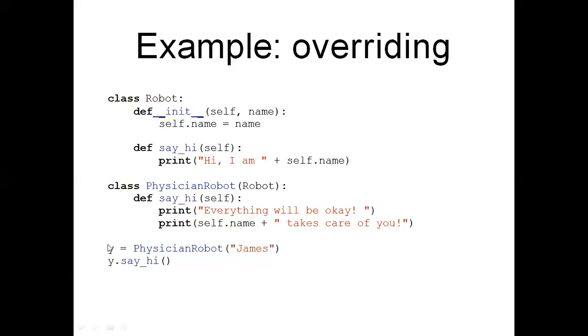Now y is equal to PhysicianRobot, and we are passing the value James. Since this object is of the derived class type, PhysicianRobot, it will invoke the say_hi method of this class. It says everything will be okay, James takes care of it.